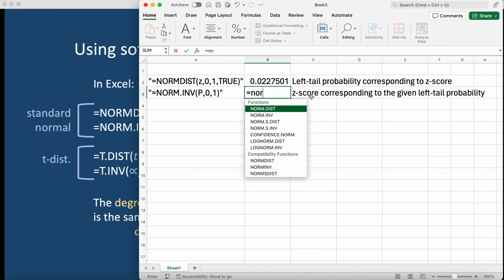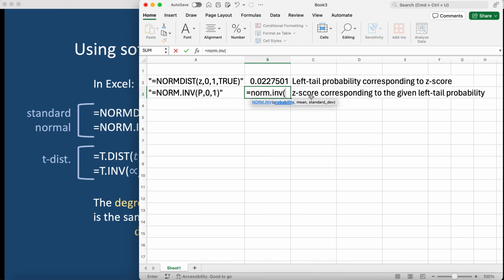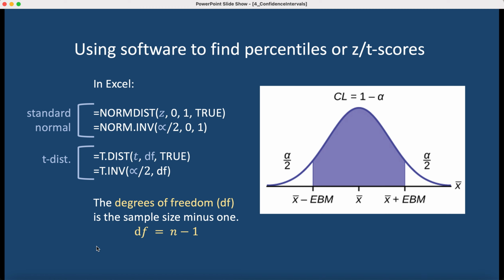We'll do equals NORM.INV, for inverse, and put in 0.025 because that is a left tail probability of 2.5%. Then the mean and standard deviation for the standard normal distribution, 0 and 1. Close parentheses, hit enter, and it tells me the z-score is negative 1.96.